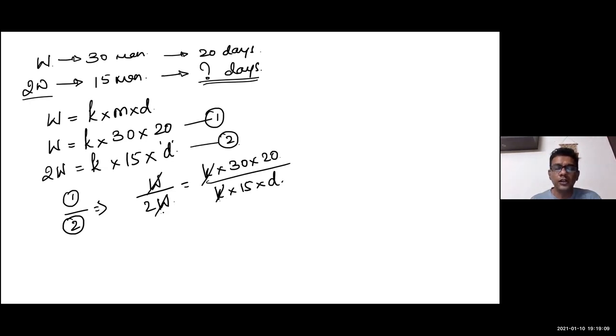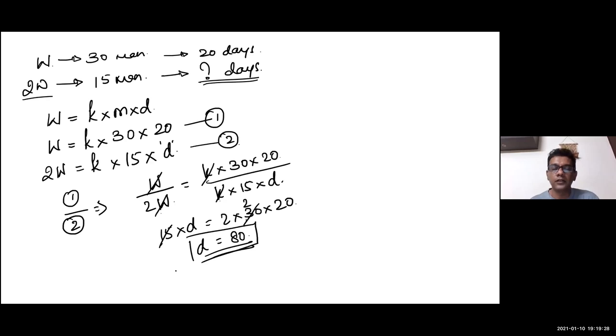W and W also will cancel because it's common, right? So what do I have? If I cross multiply, I will have 15 into D is equal to 2 into 30 into 20. So D is how much? 80. So I require 80 days to complete this job. Are we all clear with this kind?